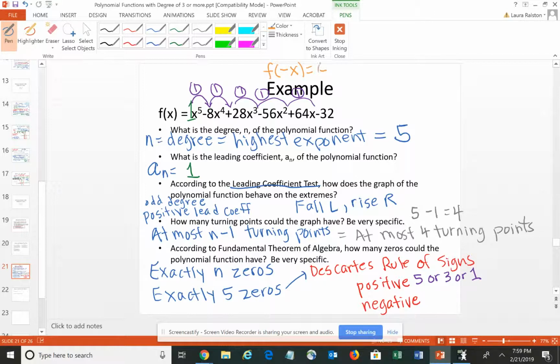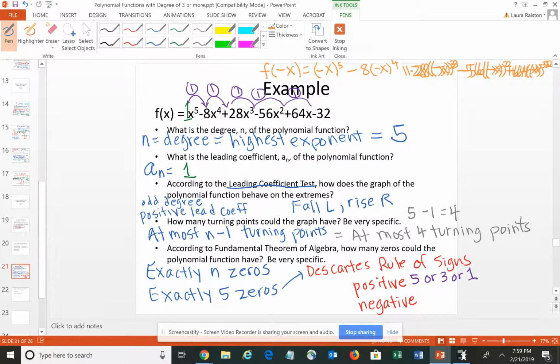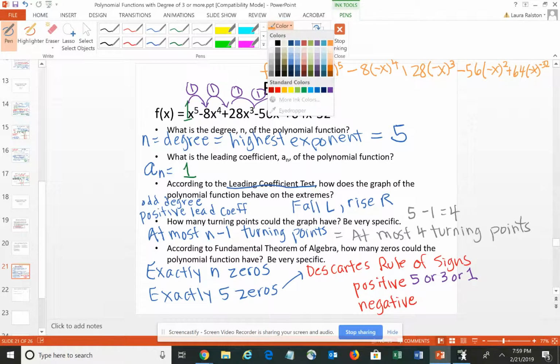So we have negative x to the 5th minus 8 times negative x to the 4th plus 28 times negative x to the 3rd minus 56 times negative x squared plus 64 times negative x minus 32. I'm having to squeeze it in there for you. I got that all messed up, didn't I? All right, so then you have to go back and do the calculations.